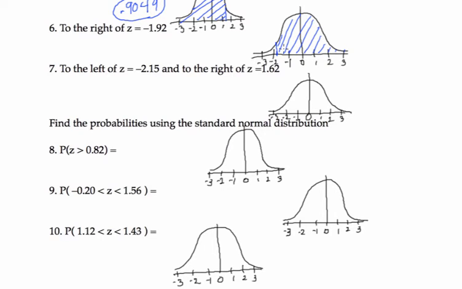So if we want to the right, we just find the table value, and we know that that is this area to the left. Since we want the area to the right, we know the whole thing is 1, so we just do 1 minus that. And that will give us the area to the right.